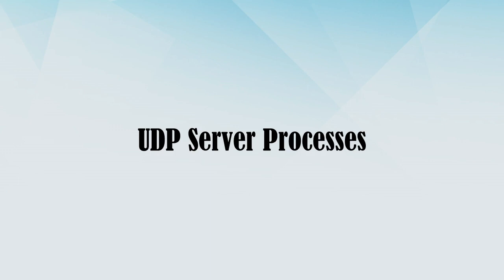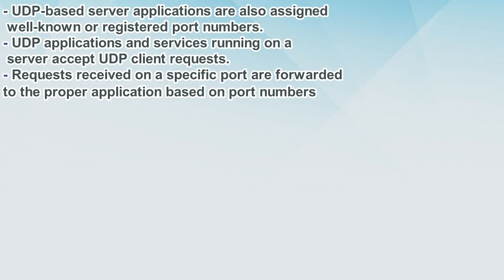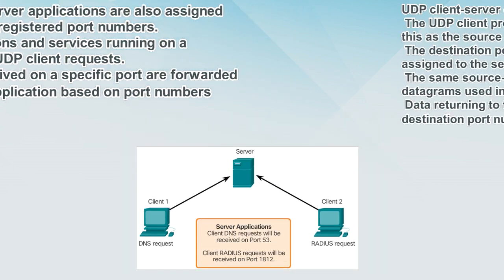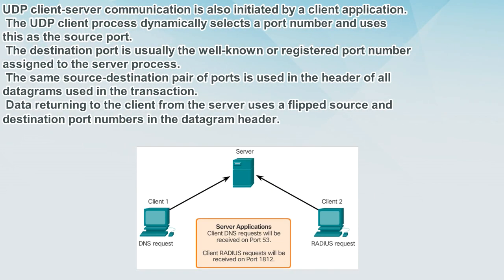UDP server processes. UDP-based server applications are also assigned well-known or registered port numbers. UDP applications and services running on a server accept UDP client requests. Requests received on a specific port are forwarded to the proper application based on port numbers. UDP client-server communication is also initiated by a client application.